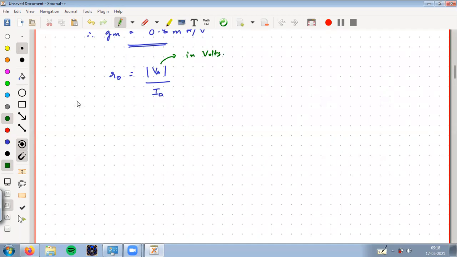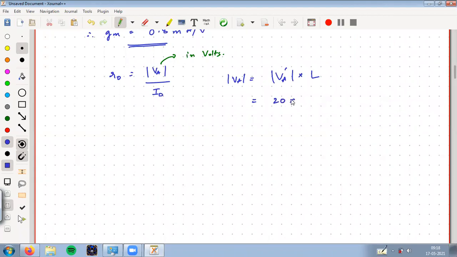Okay, right. So what I do is I find VA as VA prime into length. That will get rid of that per micrometer. VA is how much? 20 volts.